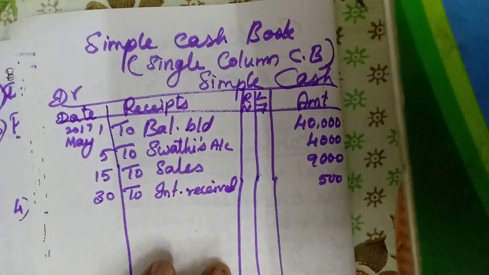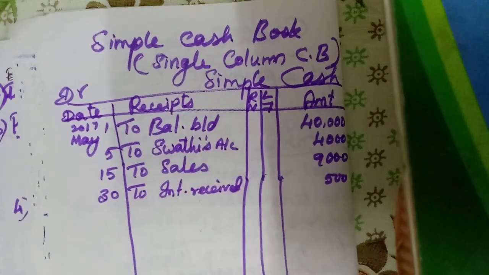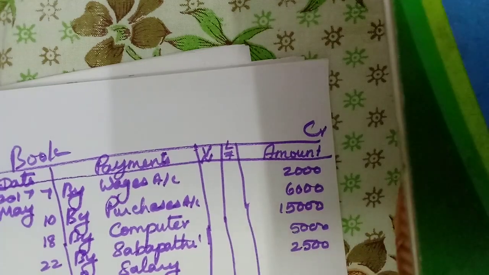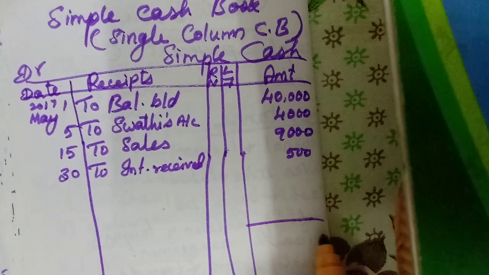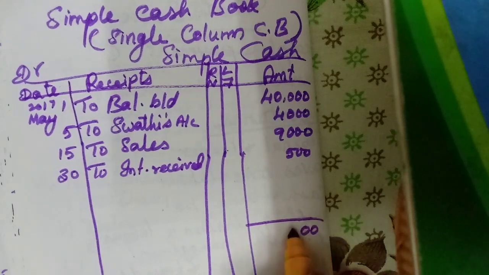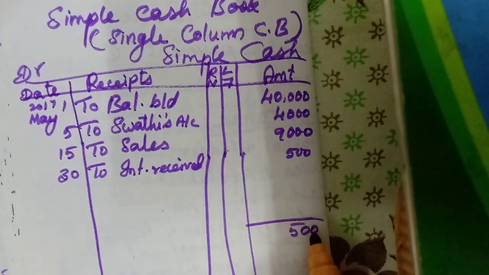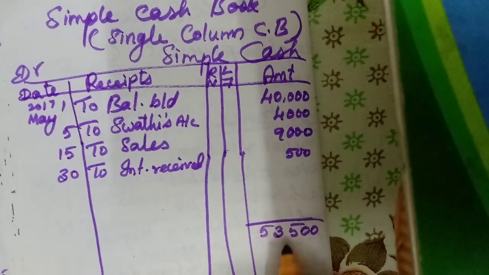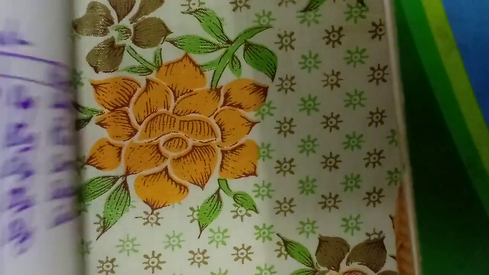Okay, now we will balance. Credit side total is less here. So we will write the larger amount first. The balance is 53,500.